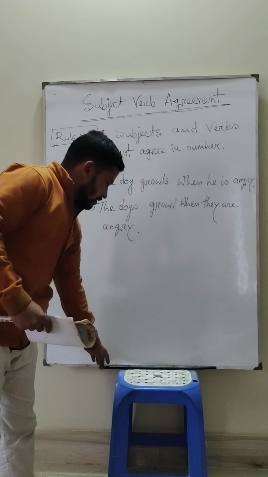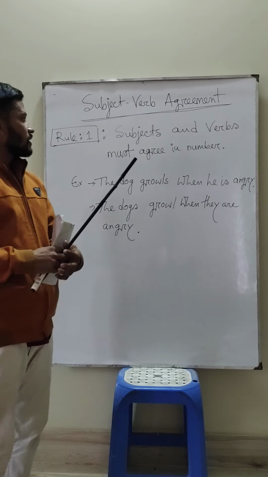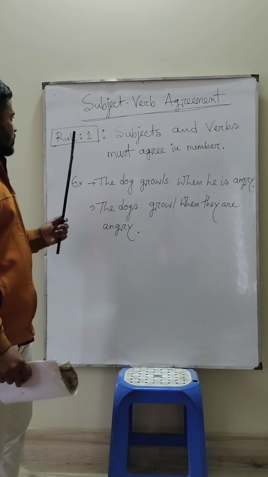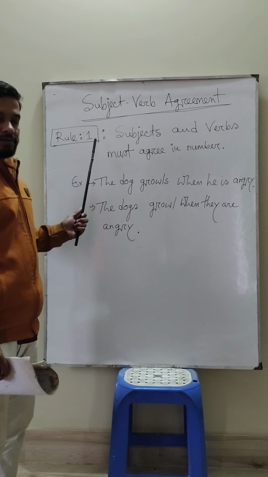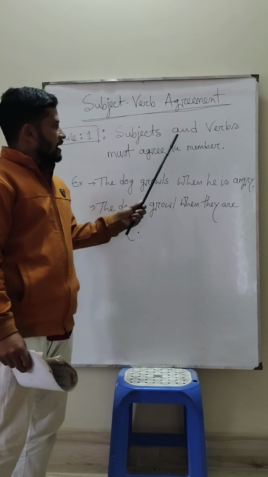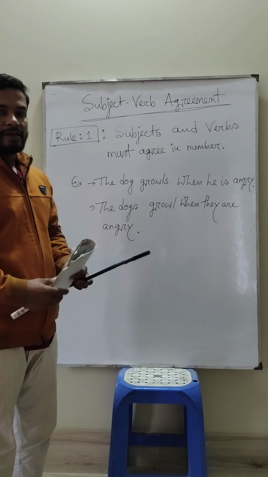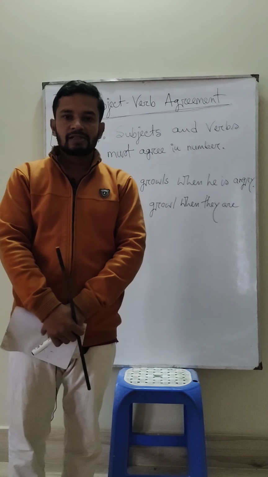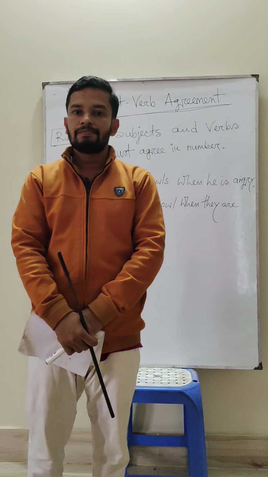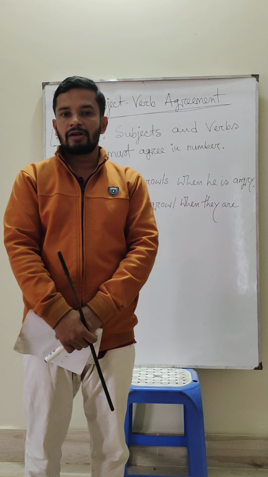First, on the whiteboard you see rule number 1. Subject and verbs must agree in number. That is, if the subject is singular, then the verb must be singular.